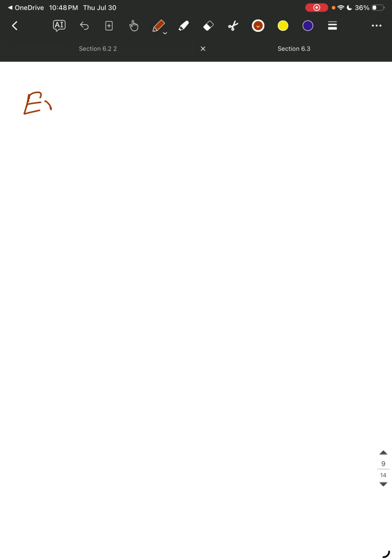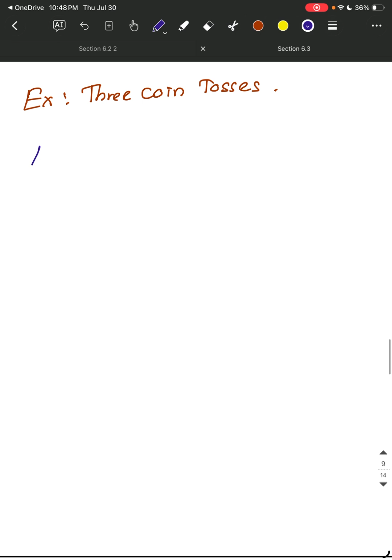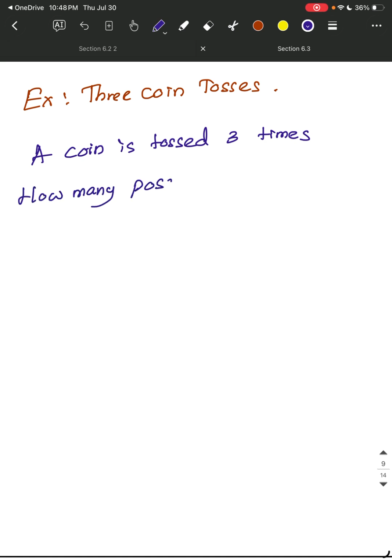Three coin toss. A coin is tossed 3 times. How many possible sequences of heads and tails are there? Step 1.